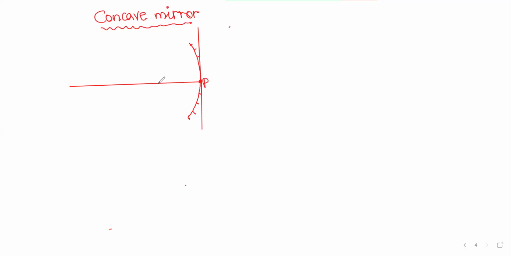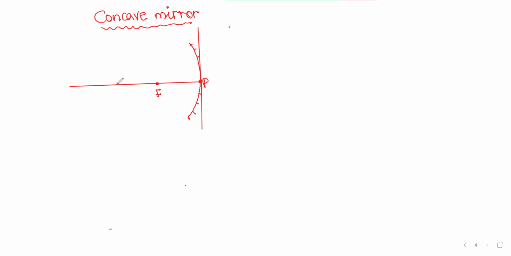Maybe I want my focal length to be 5 centimeters. So I measure 5 centimeters from the pole to the principal focus. Don't forget, all measurements must be taken from the pole. So the 5 centimeters must be taken from P to F. So where the 5 centimeter ends, that is the position of the focal point.